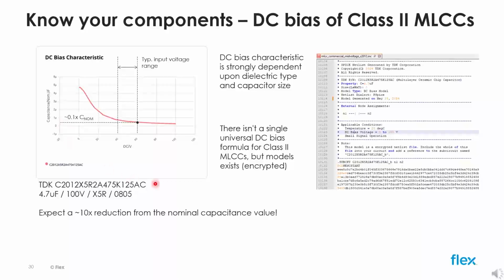The DC bias curve is difficult to derive analytically as it depends on the specific dielectric material. Some vendors are offering SPICE models or subcircuits, including the voltage dependence. In an EMI filter design, we can simply pick the worst case capacitance value at the maximum input voltage.